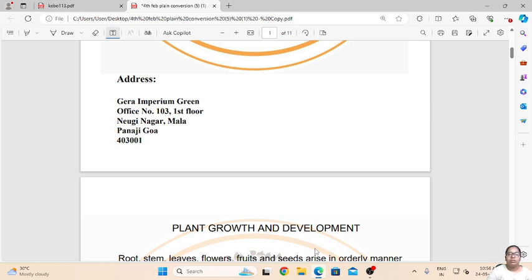So in plants also there is growth which takes place. So today in this chapter let us learn how the growth in plant occurs and what are the phases of growth and what is responsible, which are the cells or which are the tissues which are responsible for growth in plants.